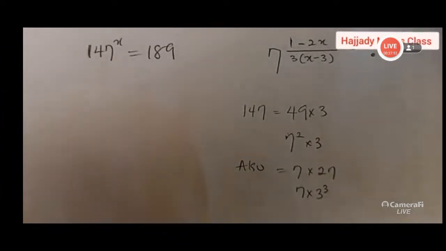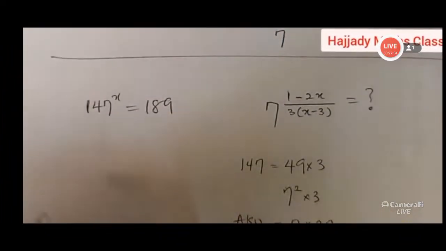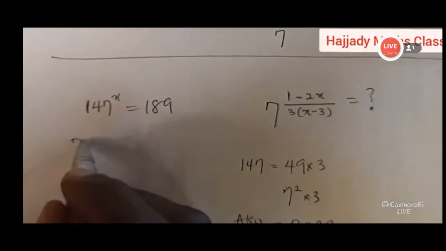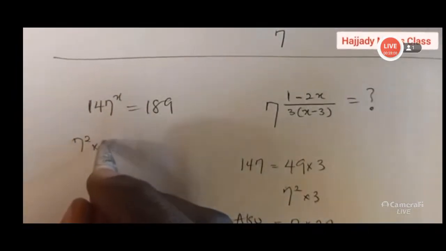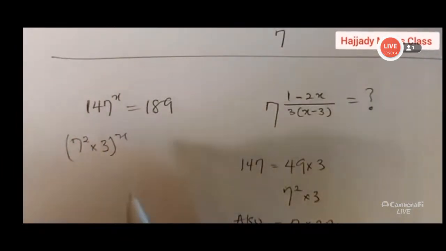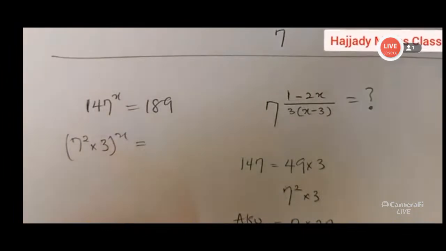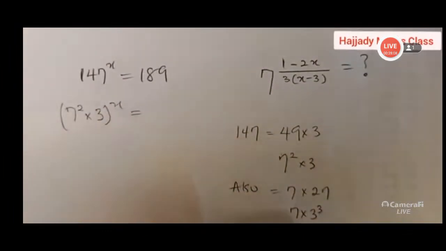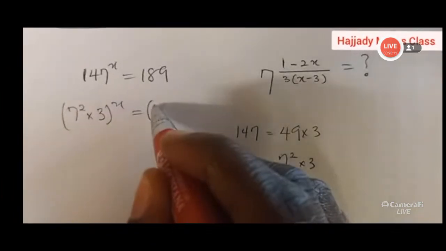Our 147 can be written in this form of 7 raised to power 2 multiplied by 3, all raised to power x, equals 189, which can be written as 7 multiplied by 3 raised to power 3.